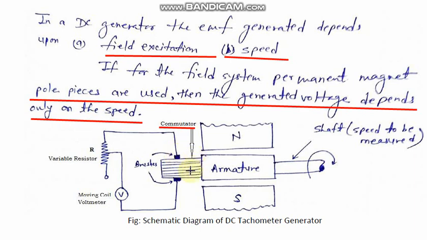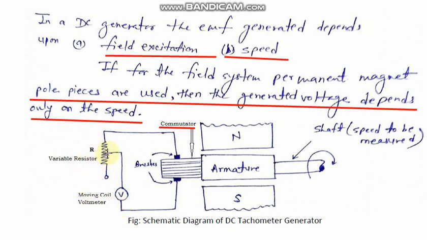So there will be AC generation, but with the help of the commutator, a mechanical arrangement which converts AC into DC, these two terminals will receive the DC voltage, which will be measured by this voltmeter, which is a moving coil voltmeter.